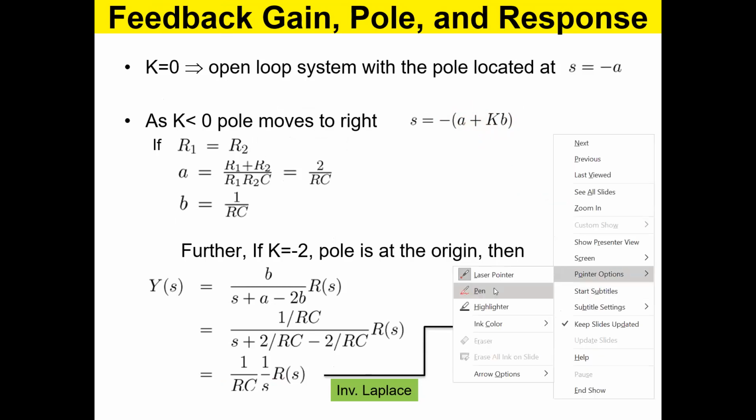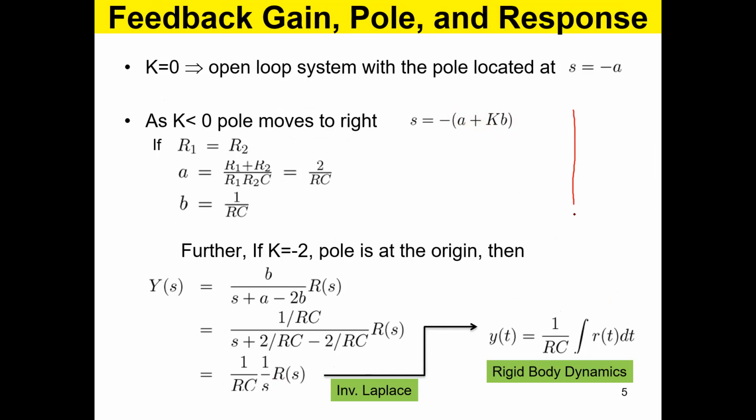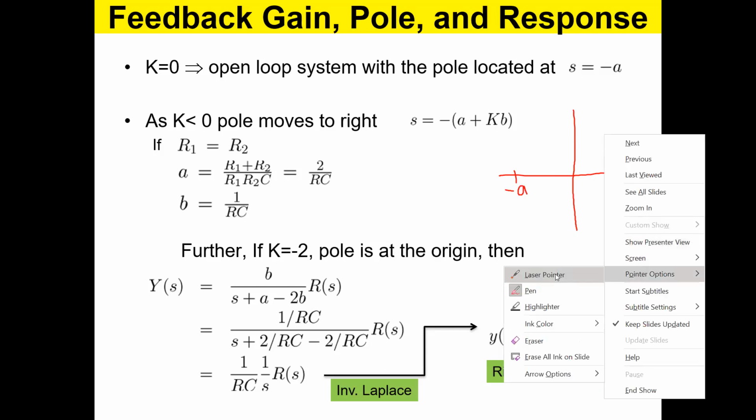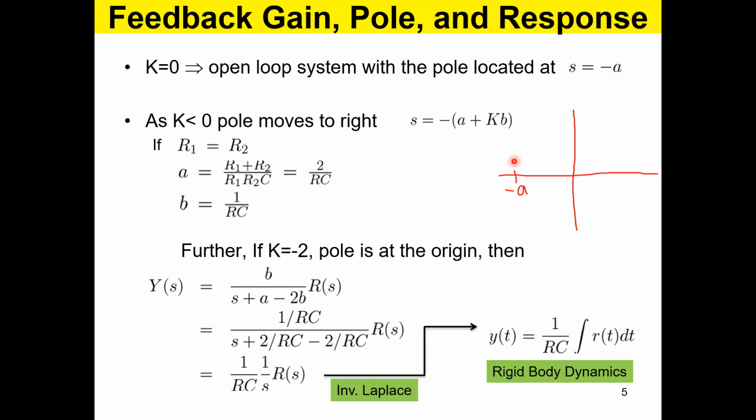Let me take the pen. This is our plane. This is minus A. Now, if you reduce K less than 0, you are moving gradually towards this direction. K less than 0.